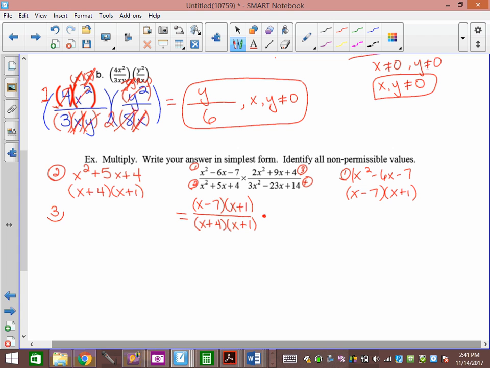Number 3 is 2x squared plus 9x plus 4. I have to do decomp on this one because there's a number in front of the x squared. There's a coefficient. What multiplies to give me 4 and adds to give me 9? Multiplies to give me 8, adds to give me 9. I don't know why I said 4. Multiplies to give me 8, adds to give me 9. 1 and 8.